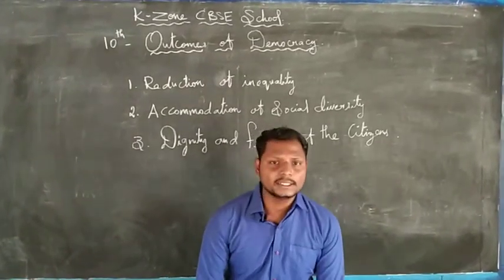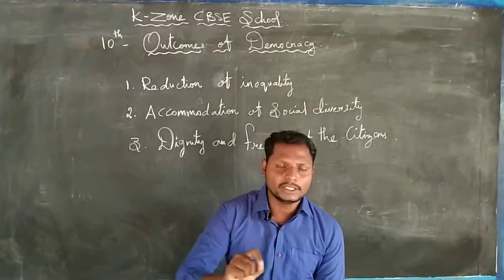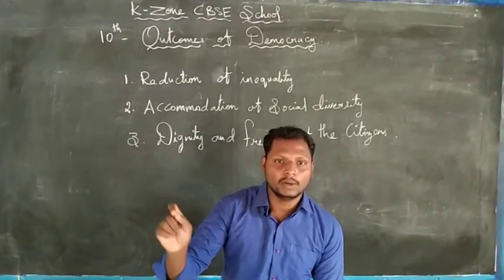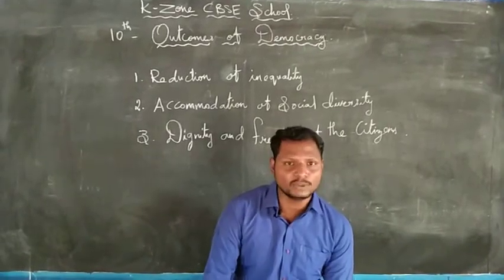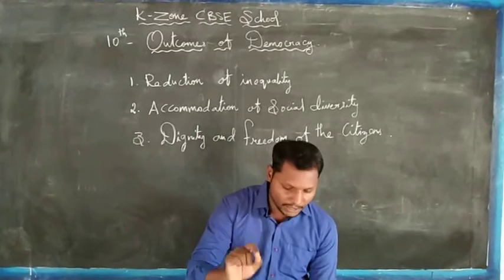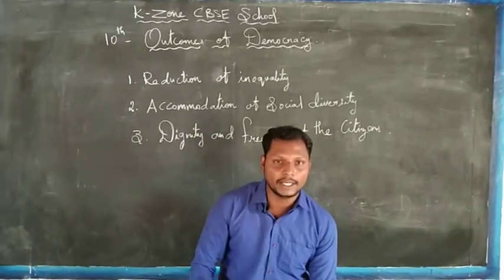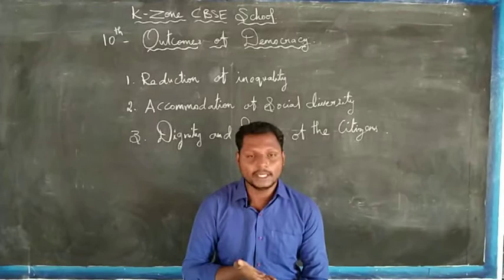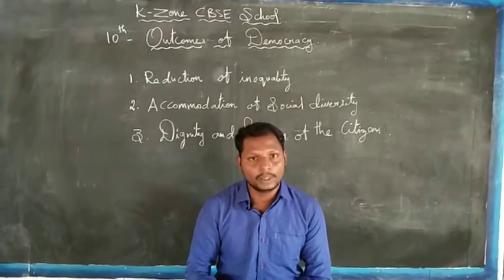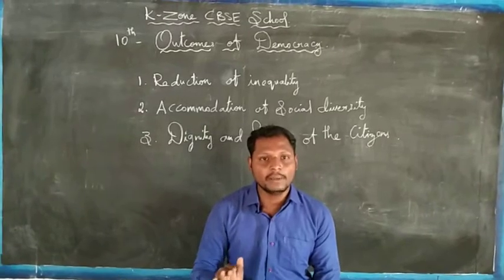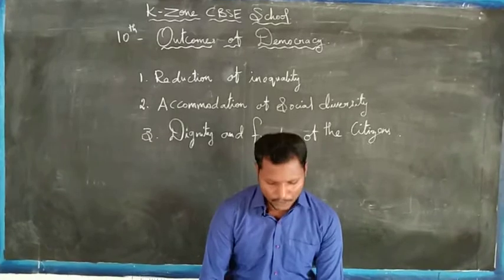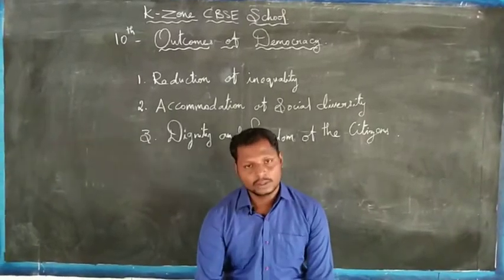We already discussed one thing: democracy is the best government to treat individuals in an equal way. But in actual life, democracy does not appear to be successful in reducing economic inequalities. So in actual life, it is an unsuccessful government in reducing economic inequality. The next topic is accommodation of social diversity.